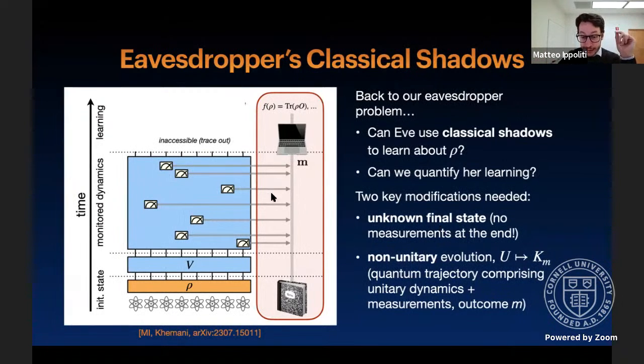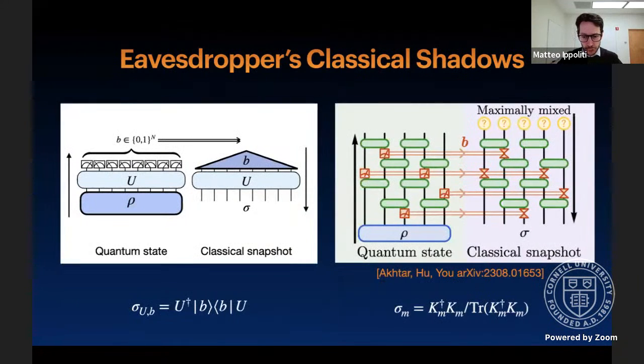And the second thing is that, in the standard protocol, we take this final state and rewind it, turn it back in time with the application of U-dagger, the inverse rotation. But in this case, the time evolution itself is not unitary. It's some trajectory parameterized by M, which is a string of outcomes of a monitored evolution. So again, we have to figure out how to use this in place of the unitary evolution.